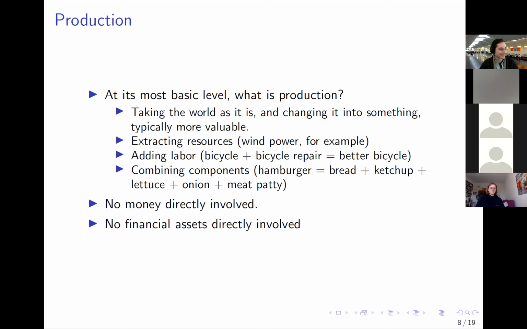They're in the sea, so he's changing it so that they're in his hands. If you add labor to some things, you've got a bicycle plus bicycle repair, that makes for a better bicycle. Or combining things: you combine different components and you get something that's worth more. So there's no money directly involved in production, and there's no financial assets that are directly involved.